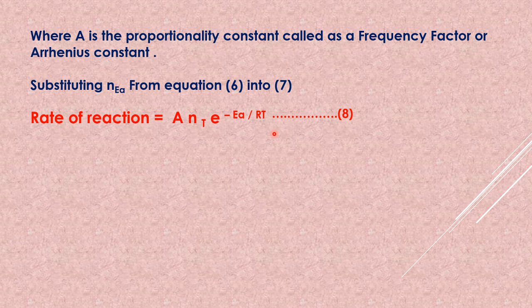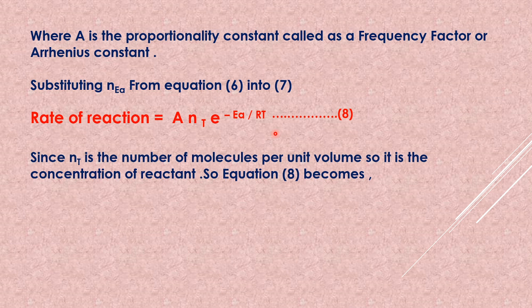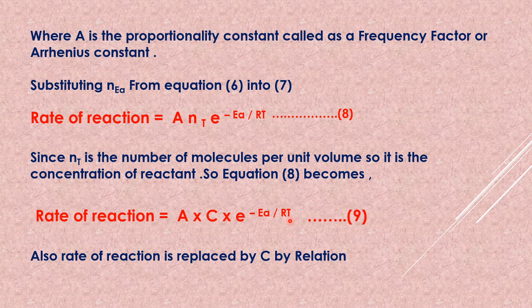Say this is equation number 8. Since NT is the number of molecules per unit volume, it is the concentration of reactant. If we replace NT with the concentration of reactant C, we get the new equation, rate of reaction equals A into C into e raised to minus EA upon RT.